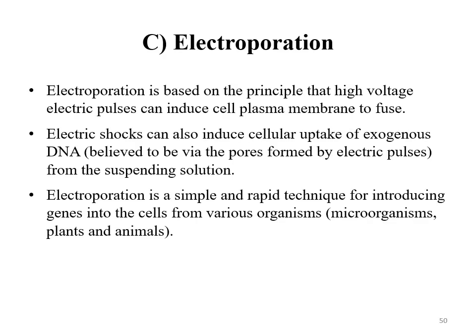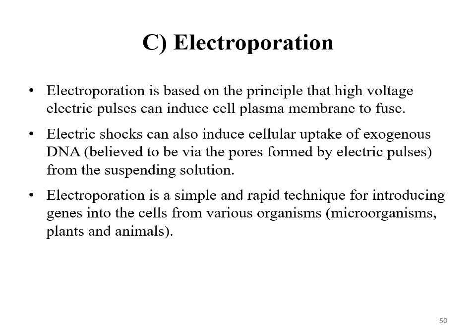Another method which can be employed for the transfer of gene in recombinant DNA technology is electroporation. So electroporation is based on the principle that high voltage electric pulses can induce the cell plasma membrane to fuse. Thus electroporation is a technique involving electric field mediated membrane permeabilization.